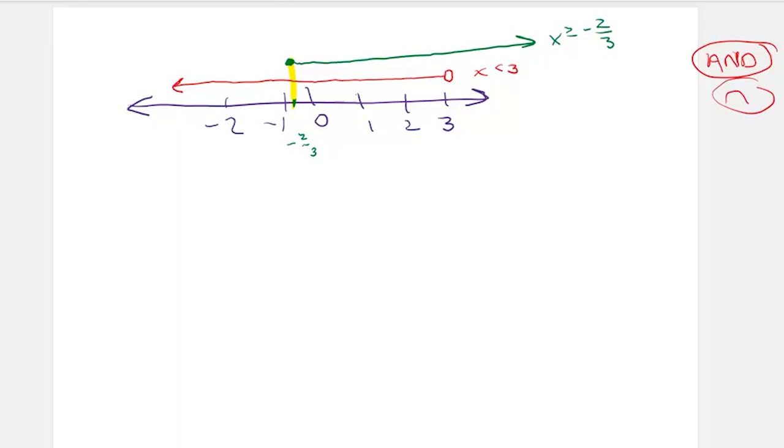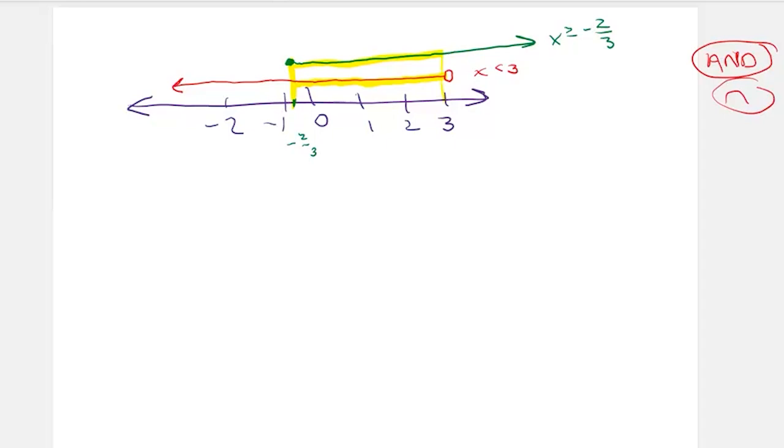So we're going to start at -2/3. And again, we can see that we have both of these lines all the way up to here, right? And that's where it stops. So I know now my intersection, so it's stopping here.